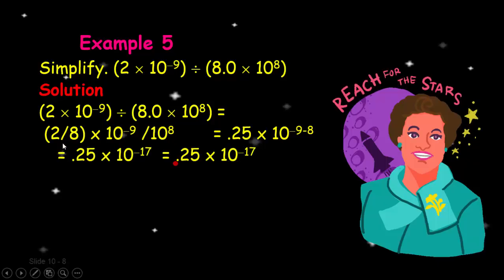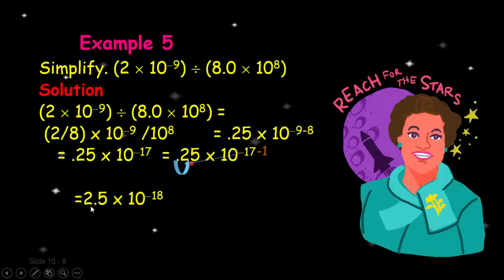Now the issue again comes up that this is not in proper form, because this is 0.25 and this is not greater than or equal to 1. So we have to move the decimal point over. That means we're going to subtract 1 from the exponent and move our decimal point over to get 2.5 times 10 to the negative 18.